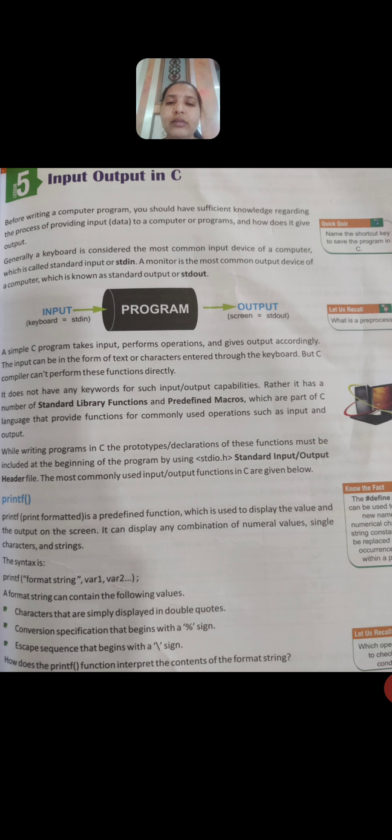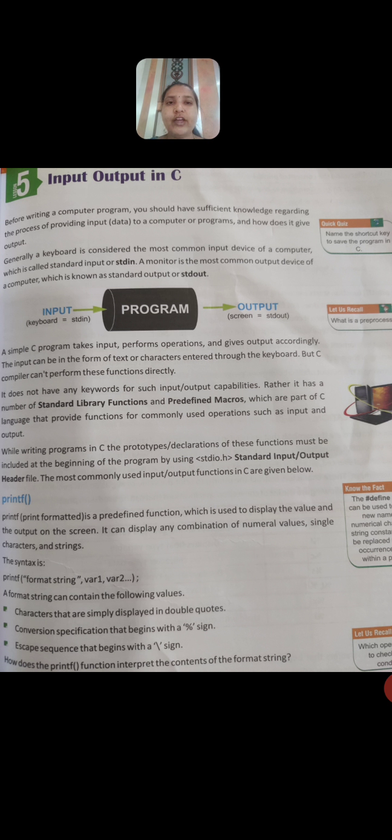Then we can move to the next one, that is printf. Printf is a predefined function which is used to display the value and the output on the screen. To write a program, we need some input information, isn't it? Once we have written the input information, we have to see the output.